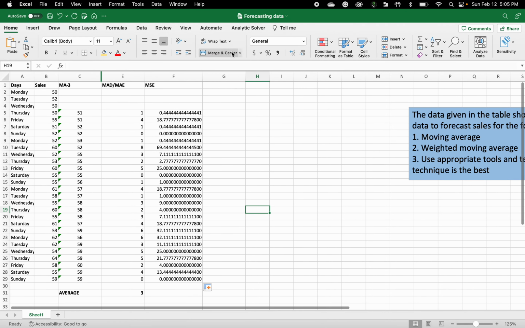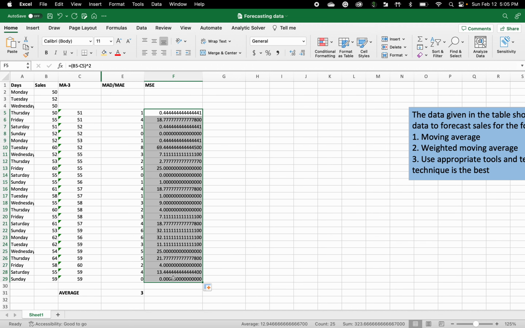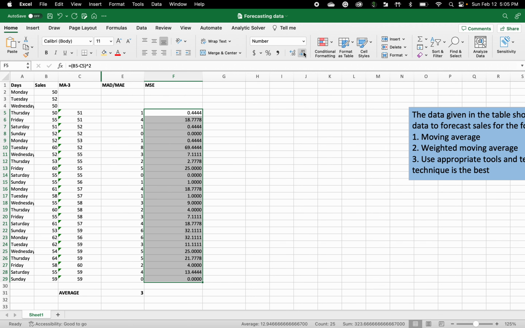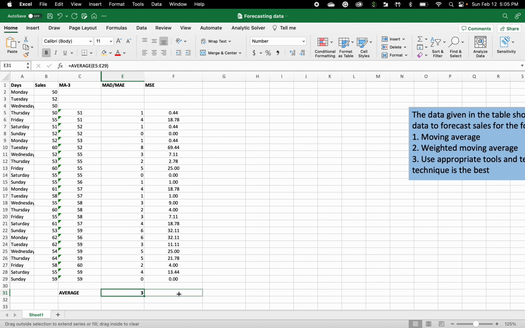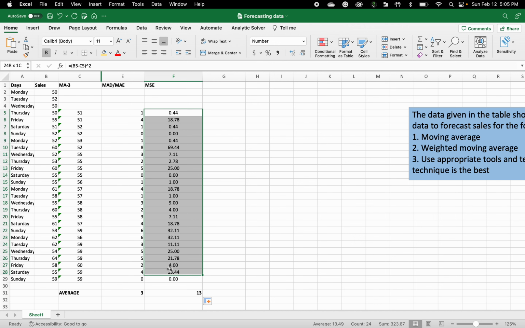So I will go to home, and then from here, okay, that seems much better now. Okay, and the next thing is that again we are going to take average of this one, which means all these values, their average turns out to be 13.